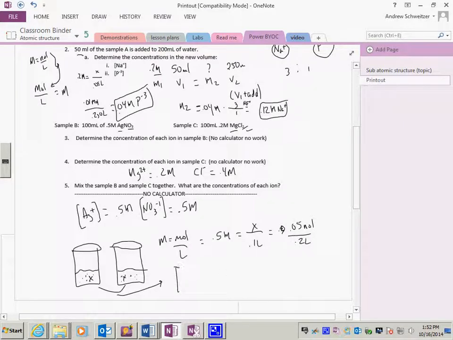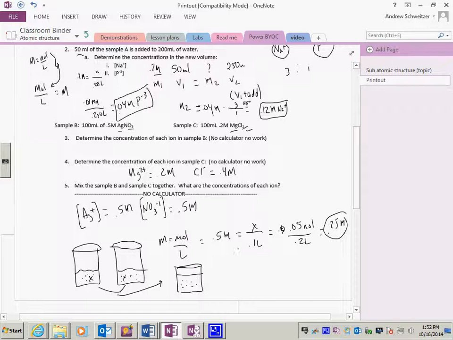So now imagine a beaker here where I have more volume, but the same stuff in a lesser concentration. So this is going to be 0.05 divided by 0.2, which is 0.25. And of course it goes from 0.5 down to 0.25 because I doubled my volume. Again, did I double the moles?